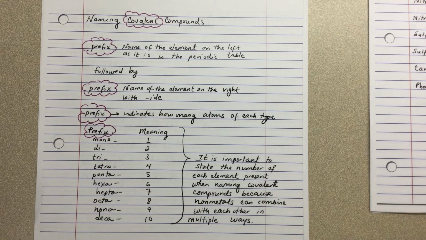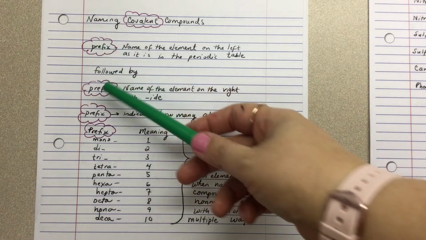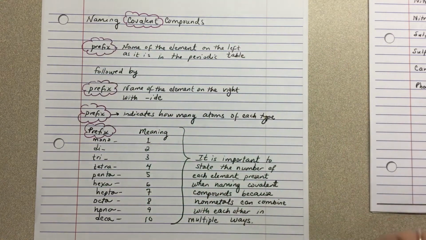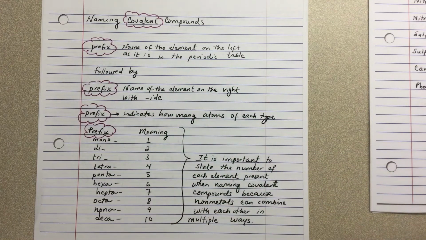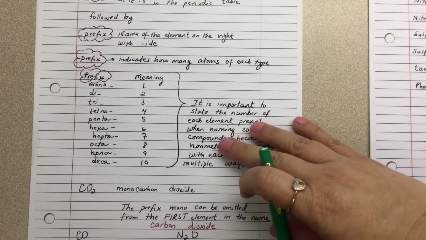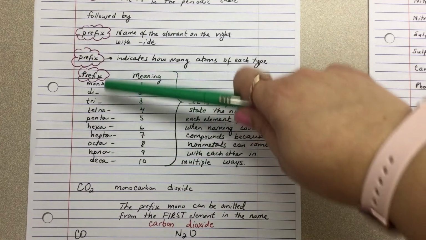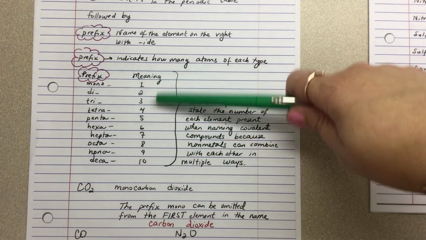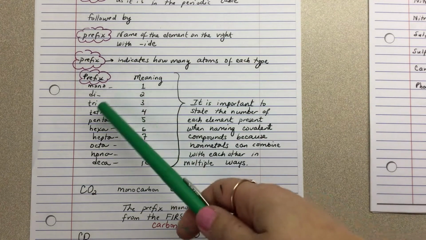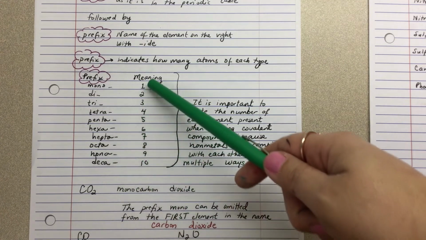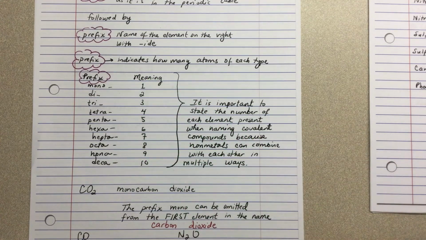Since we cannot use the charges to determine how many atoms we have for each element in your compound, we add a prefix. That prefix is going to tell you how many you have for the first one, how many you have for the second one. So we have here a list of the prefixes and the amounts that they represent. So mono all the way to deca, and that's 1 all the way to 10.